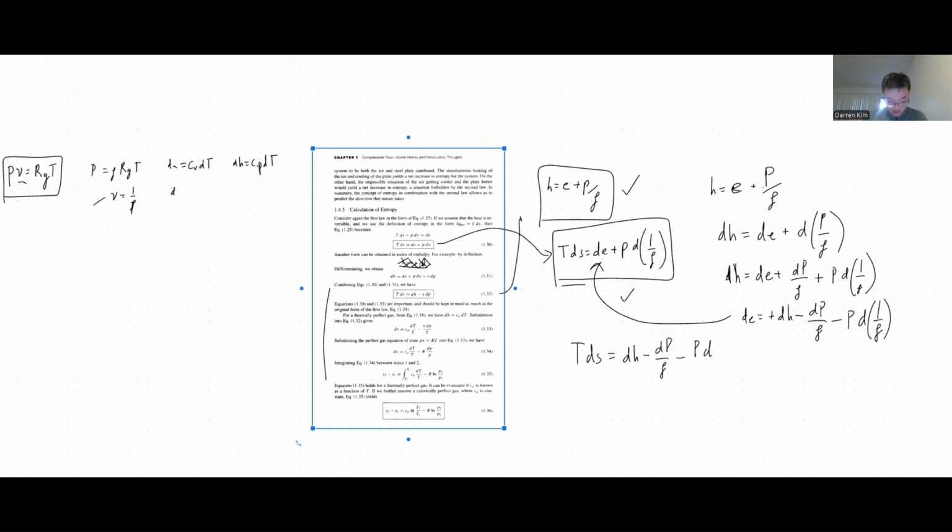And you can see where we're going with this, because there's also a plus P d(1/density), so these two go away. I know the d doesn't look like a d, but that's because of my pen. Anyways, we can move on to say that this is true. And if you're asking why that looks bad, it's because of my pen again. This pen needs new batteries, and I'm too lazy to buy one in the supermarket.